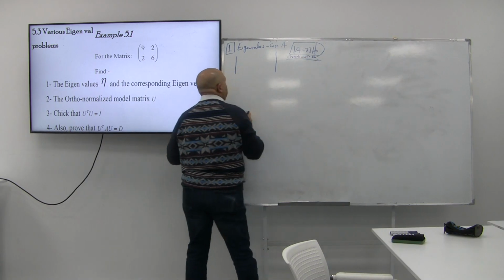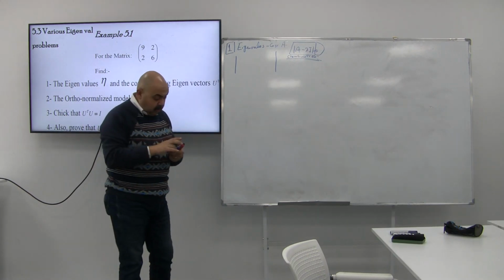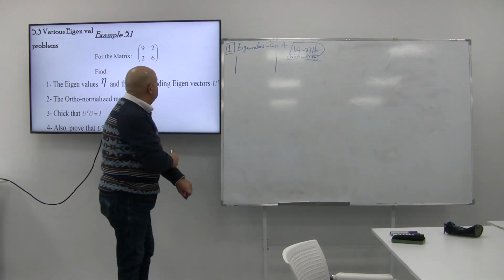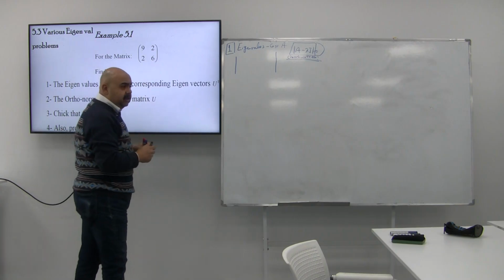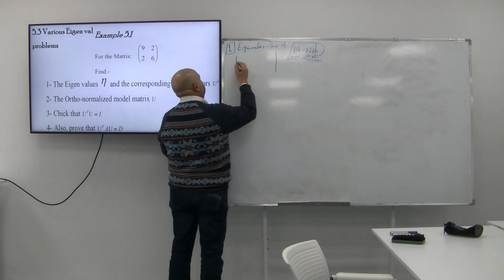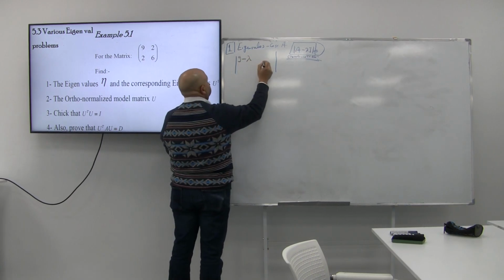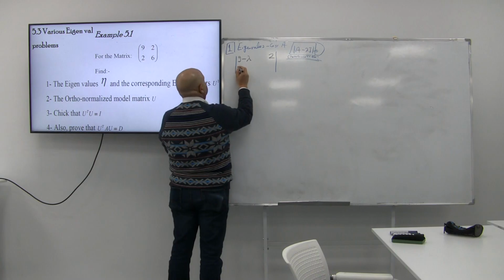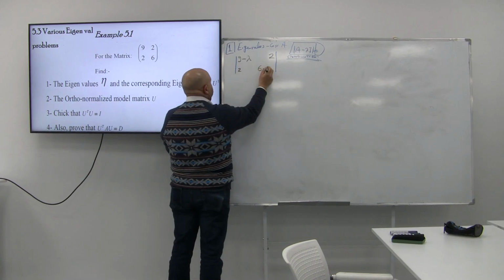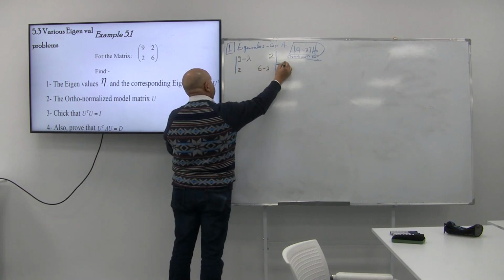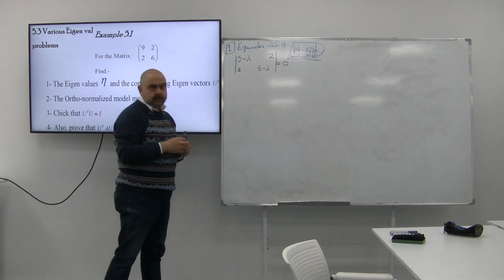So I will try to solve this characteristic equation. All I have to do is to take this A matrix and then subtract the value of lambda from the principal diagonal. So it's going to be 9 minus lambda, 2, 2, 6 minus lambda, and I will put the value of this determinant equal to 0.